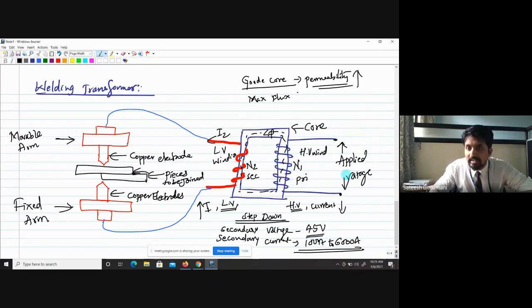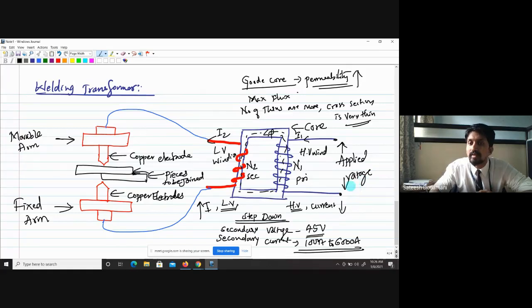In the primary winding they have used more number of turns, but the cross section of the winding is very small, very thin, because the current flowing here is relatively small, so it can carry that current very easily.